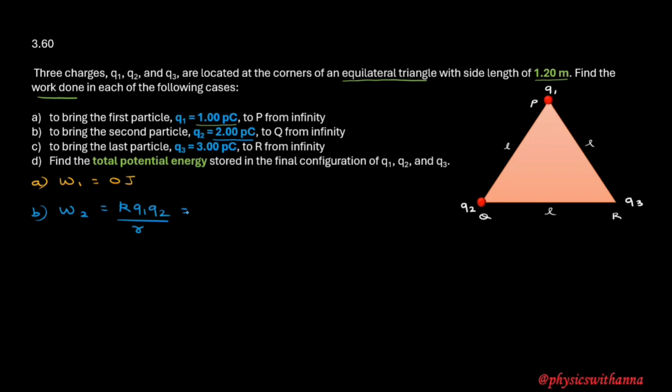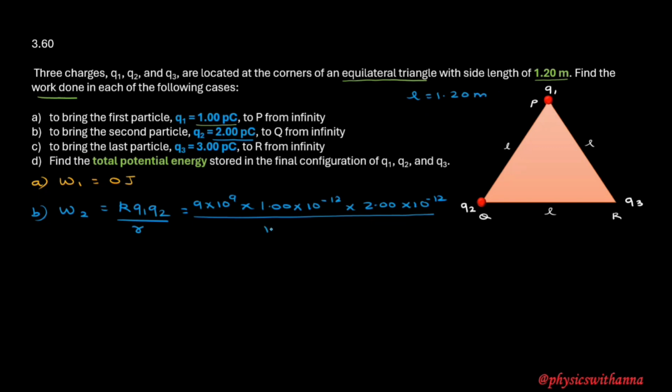For us, R is equal to L. So we can write K as 9 times 10 to the power 9. Q1 is 1 picocoulomb, and pico has a power of 10 to the power negative 12, so we write 1 times 10 to the power negative 12. Q2 is 2 picocoulomb, so 2 times 10 to the power negative 12, over the distance between them, which is L, and L is equal to 1.20 meter.